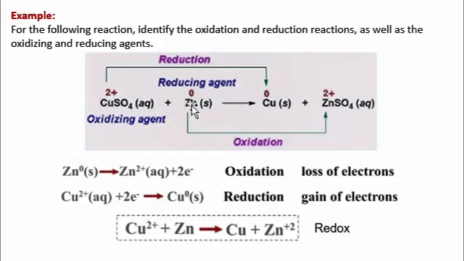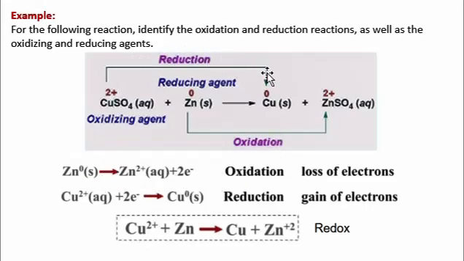Zinc starts with 0 and becomes positive 2 in zinc sulfate. This means zinc loses 2 electrons, so this process is oxidation. And this is the oxidation half reaction.